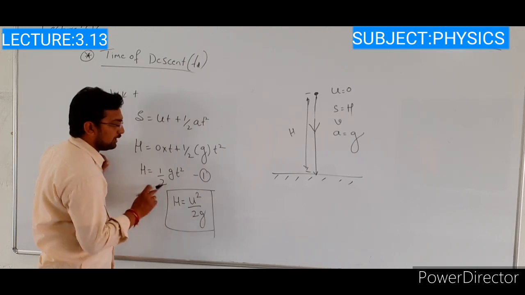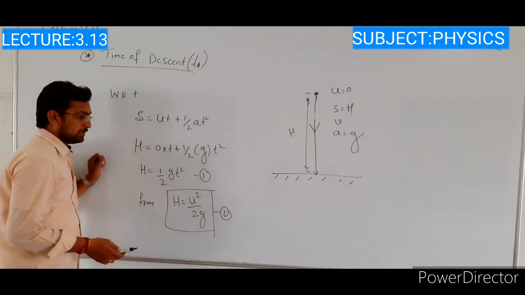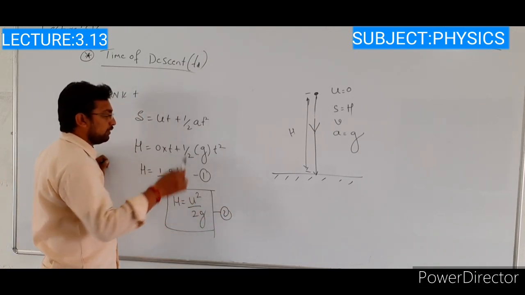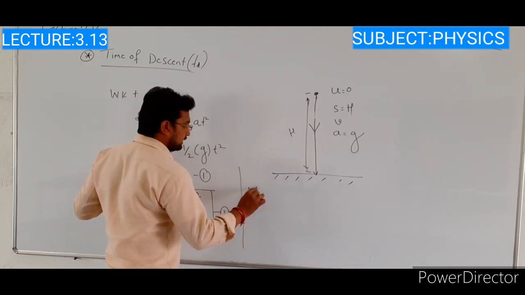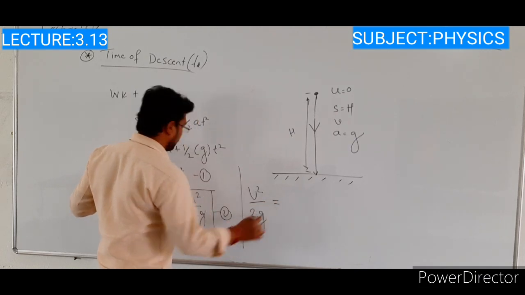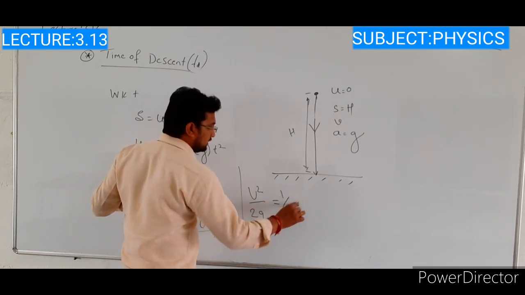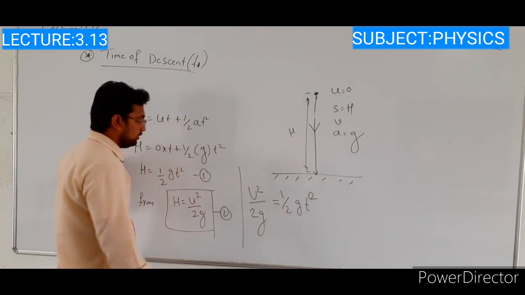Substitute this h value in the above equation. Let us assume this is equation number 2. Substitute equation number 2 in equation number 1. Then u square by 2g is equal to 1 by 2 g into t square.